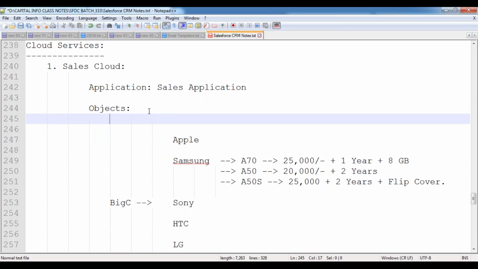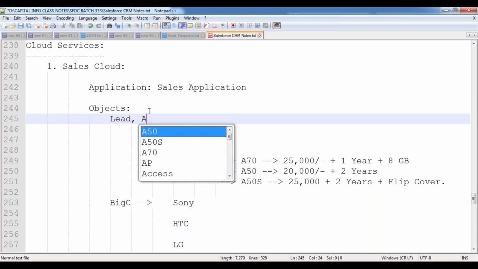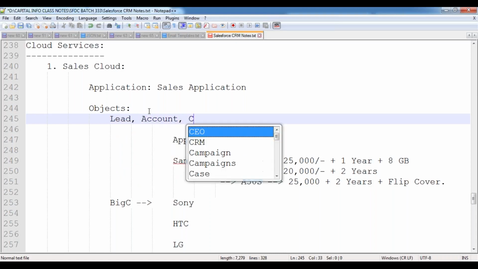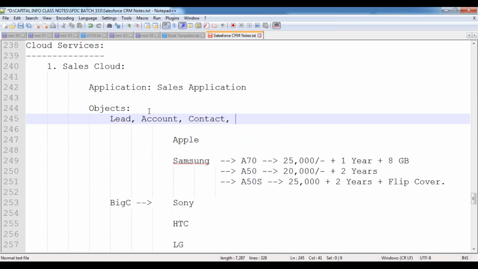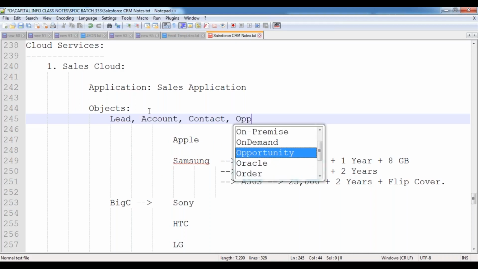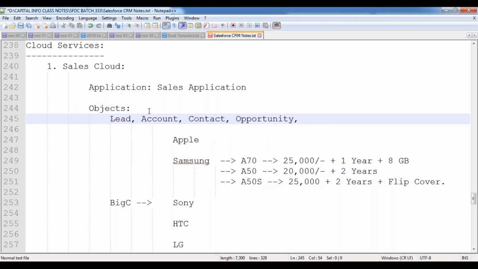Like we are using the lead object, the account object, the contact object, the opportunity object. We are using the product object, because to store all the products information, we are using the product object.